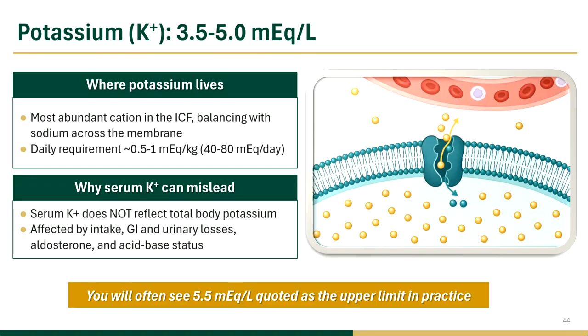The measured serum potassium is affected by the intake of it, as I noted before. You lose potassium in diarrhea fluids or in vomit, and aldosterone is a hormone that affects fluid balance overall, and also acid-base balance can affect serum potassium.